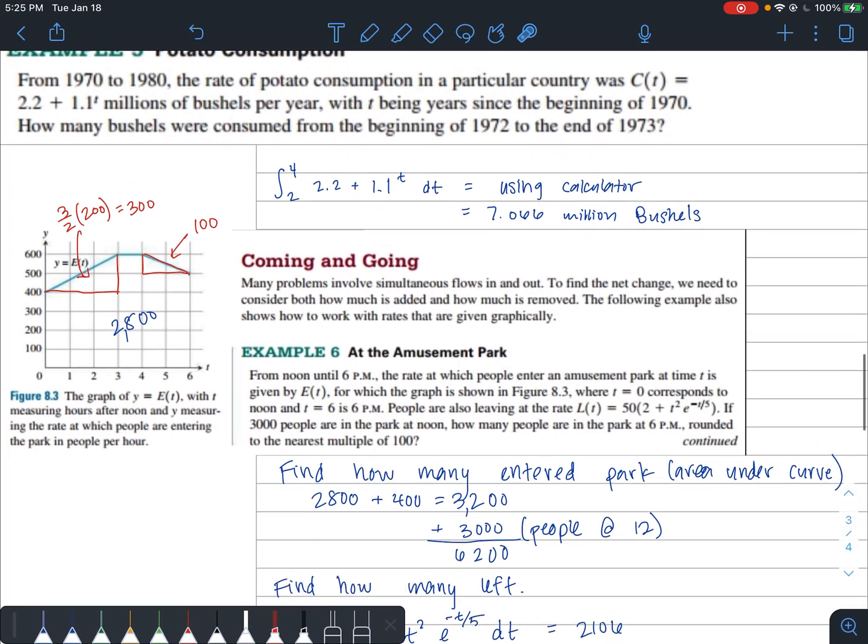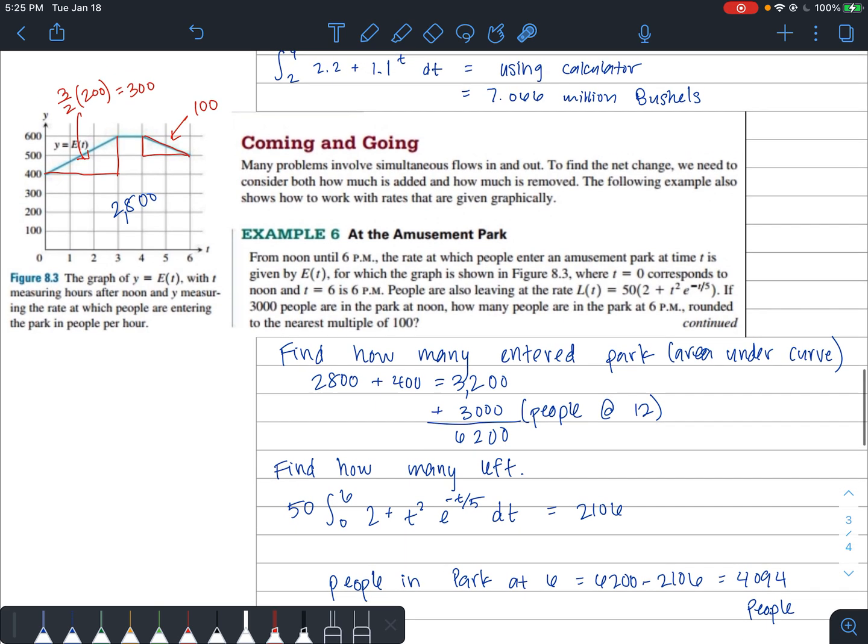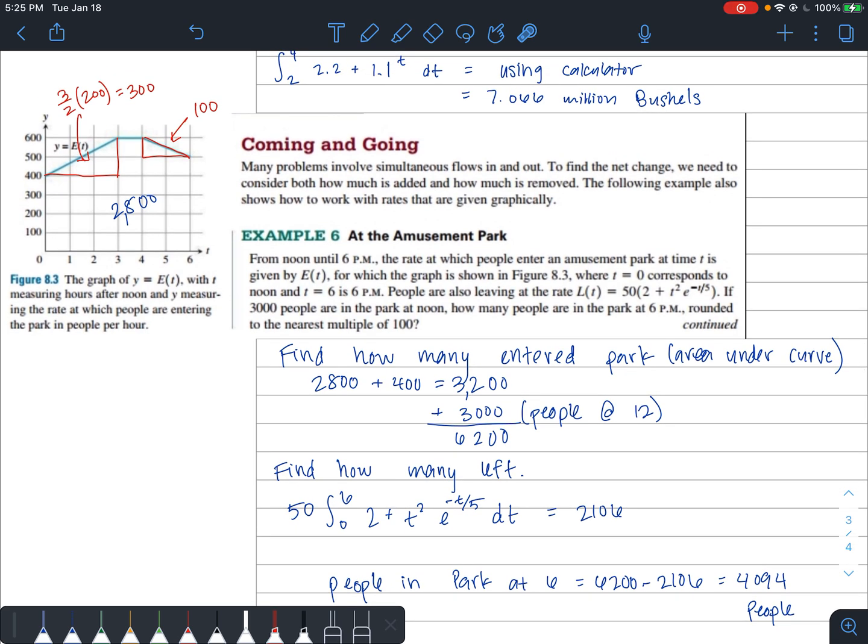Okay, and now let's try this problem here, coming and going. So many problems involve, pretty much what this is saying here is that these problems that we're going to be working on also, not only do we have problems where the rates are affected with something that might be going into something, but something that might be going out of something.